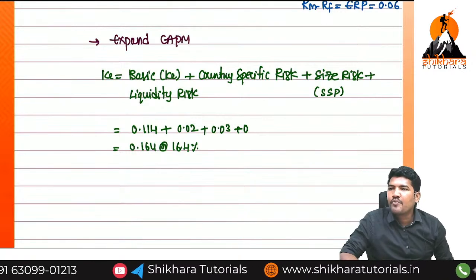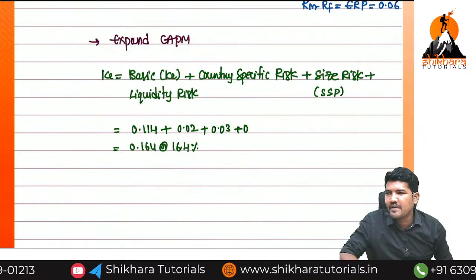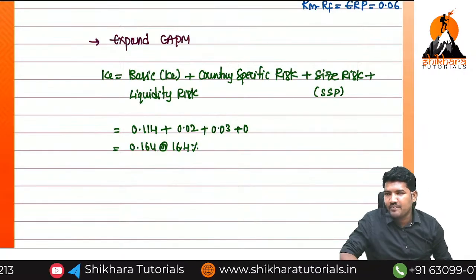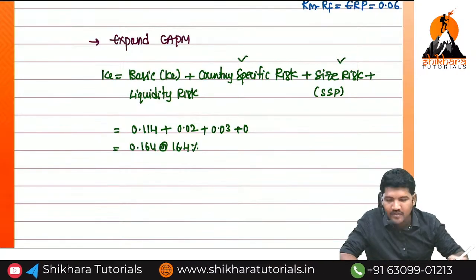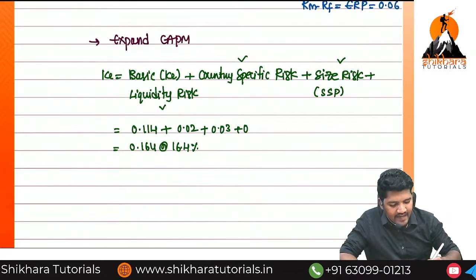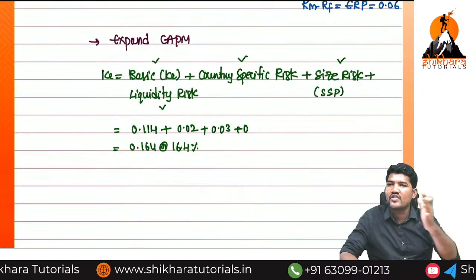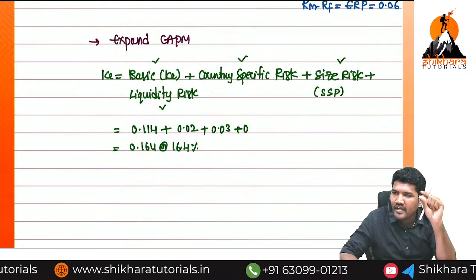Now, which one is appropriate for a decision for a private company? Basic or this expand CAPM? Expand CAPM. Why? Because I consider country specific risk, size risk, liquidity risk, market risk. I consider all risks for calculation of expectation. But in basic, they consider only market risk.